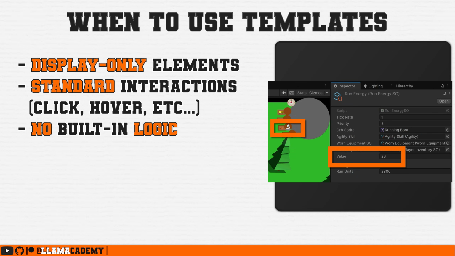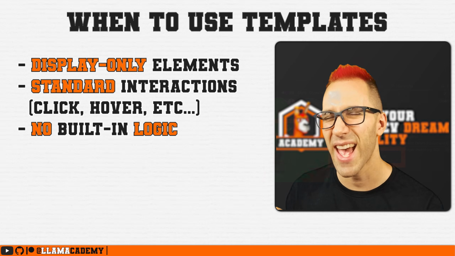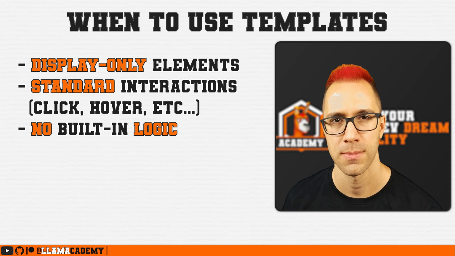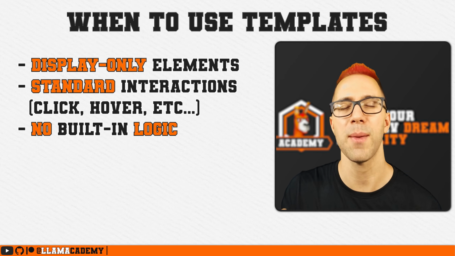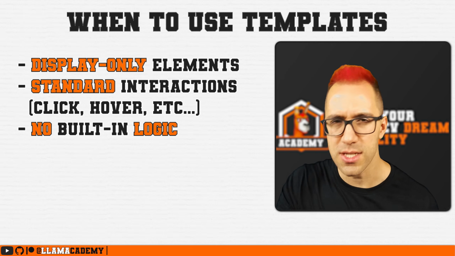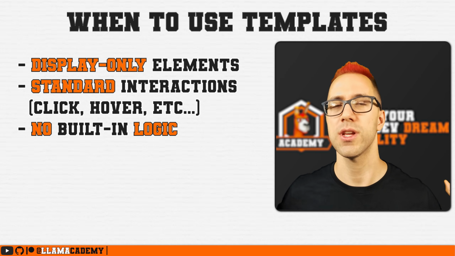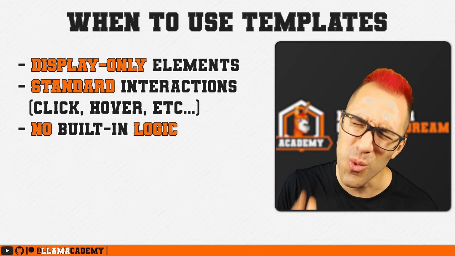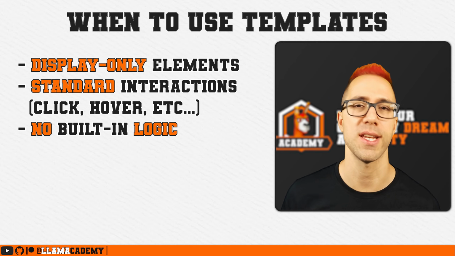Maybe when you're full health, you have green health, and as it goes down, it goes to yellow and then red. All that can be controlled through data binding, so that's fine, but we're not adding functionality to this element. The core distinction for me is I don't need a backing class for this template. We just instantiate or insert that template into our UXML, and we're done. Everything should just work. Maybe at worst, we have to assign a data object for our data binding, and then it's done.